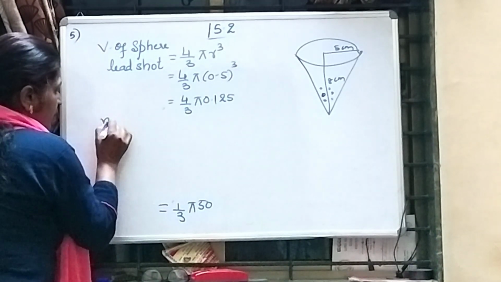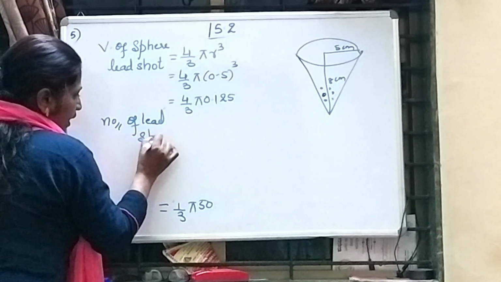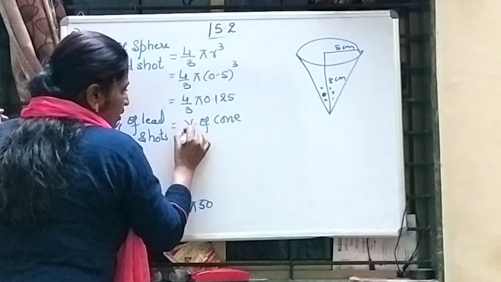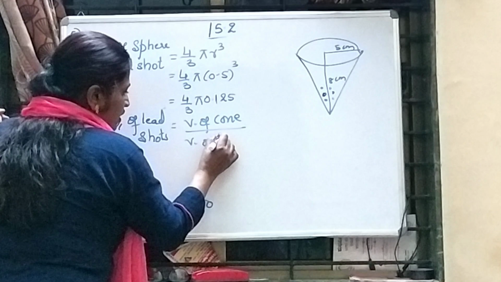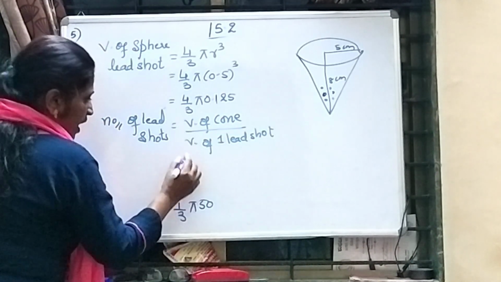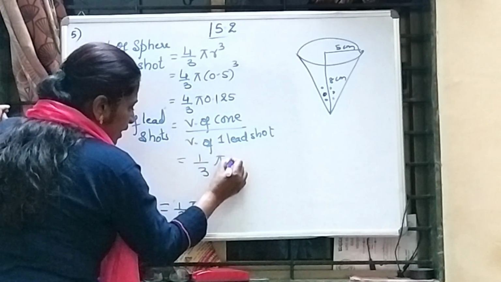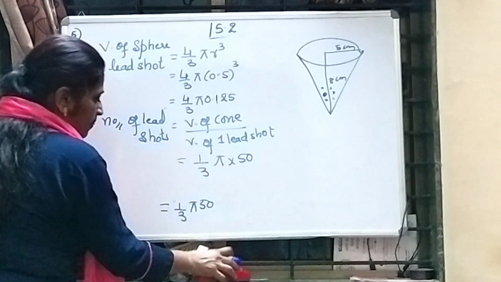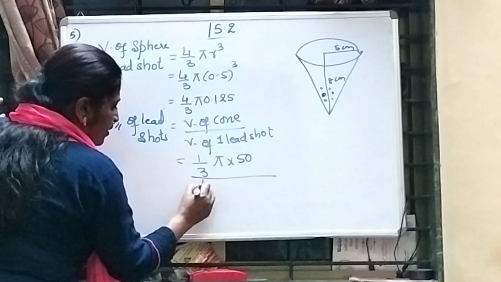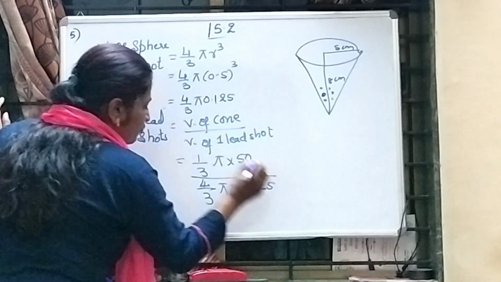The number of lead shots is equal to the volume of water flowed out divided by the volume of one lead shot, that is one sphere. So we have already calculated 1 by 3 pi into 50 divided by 4 by 3 pi into 0.125.